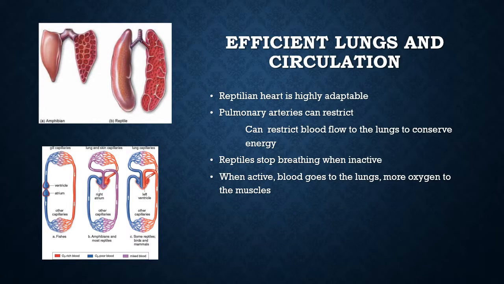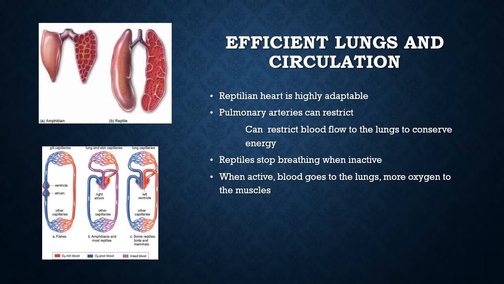Okay, so we talked before about how amphibians had much smaller lungs, not well developed, so they also use cutaneous respiration, and how reptiles have dry skin, they don't use cutaneous respiration, and that's because their lungs are much more developed, they're much larger.